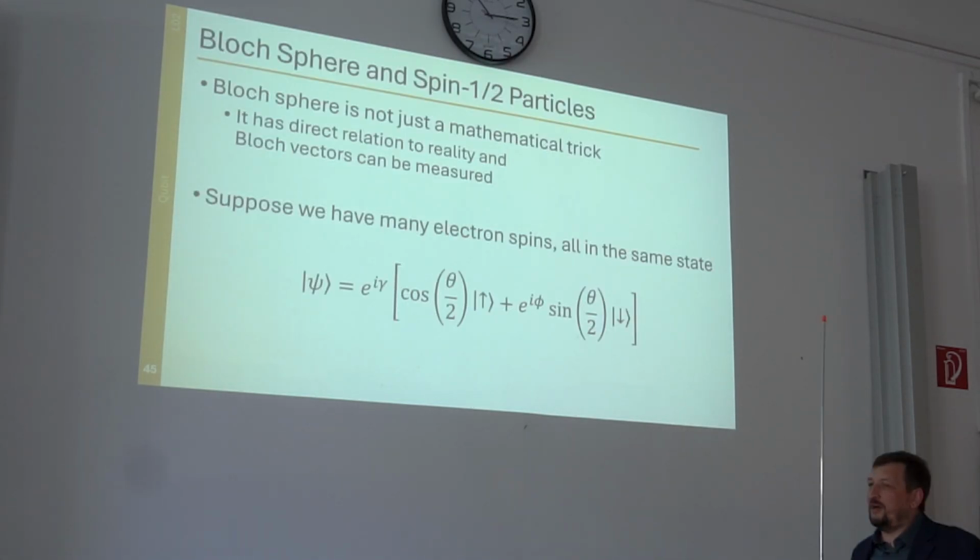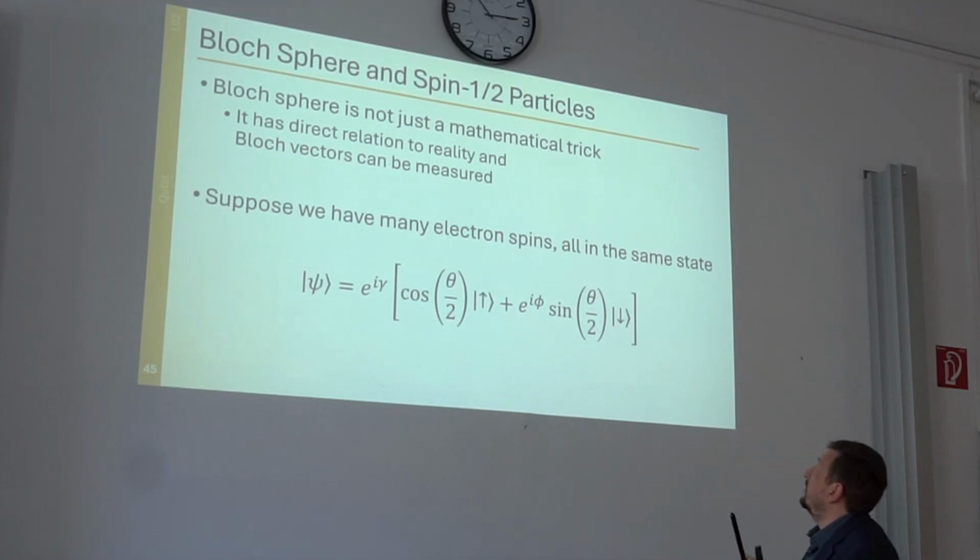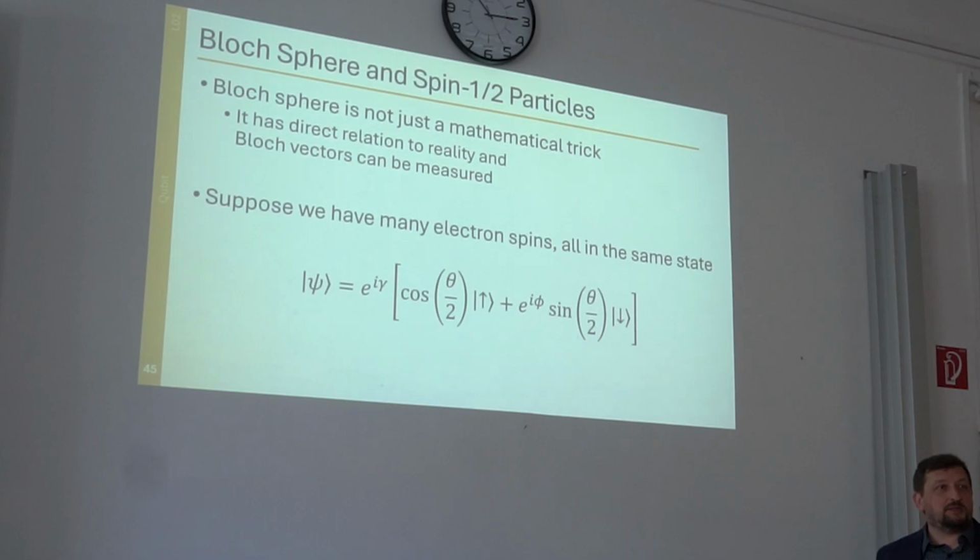The Bloch sphere is also very closely related to spin-1/2 particles, so it's not just a mathematical trick. Suppose we have many electrons for which we prepared a particular spin state.